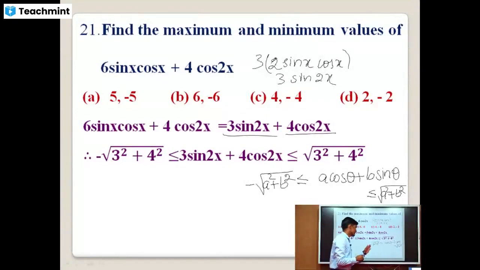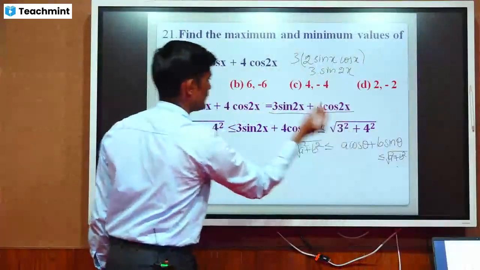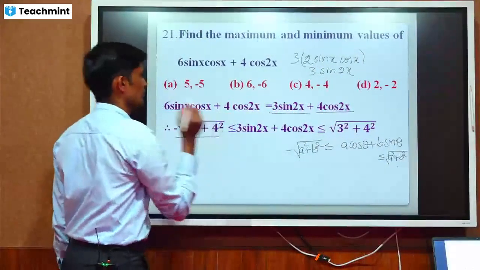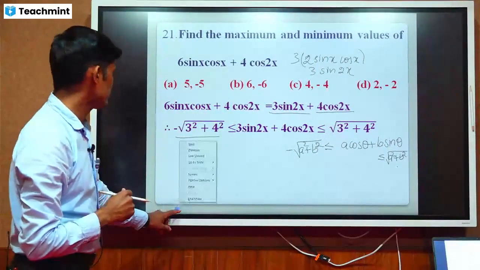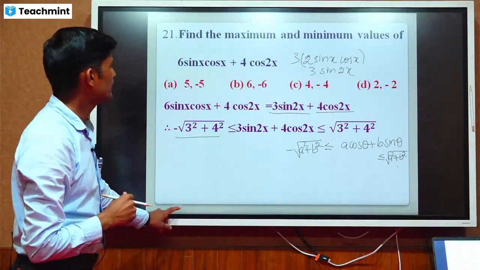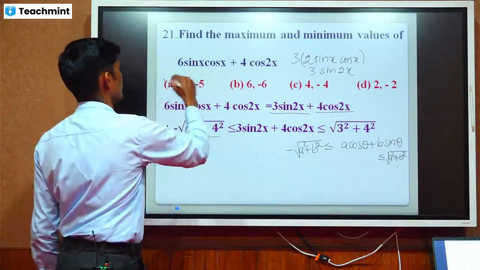It lies between minus root of a square plus b square and plus root of a square plus b square. Now this is in this form. Therefore, its maximum value is root of 3 square plus 4 square, and minimum value is minus root of 3 square plus 4 square, that is 5. So maximum value is plus 5 and minimum value is minus 5. That is option A.